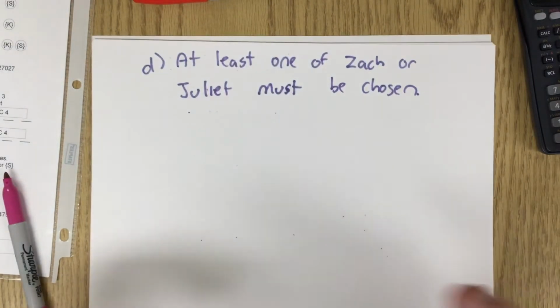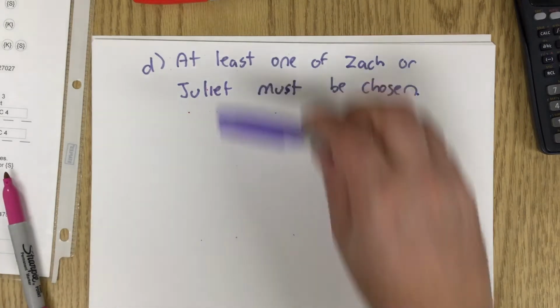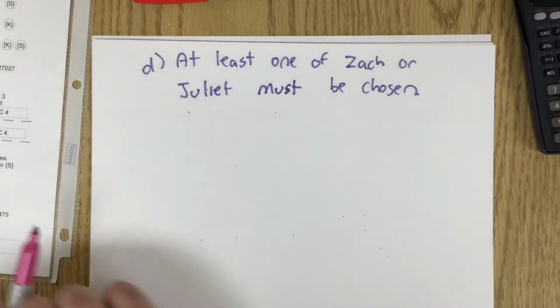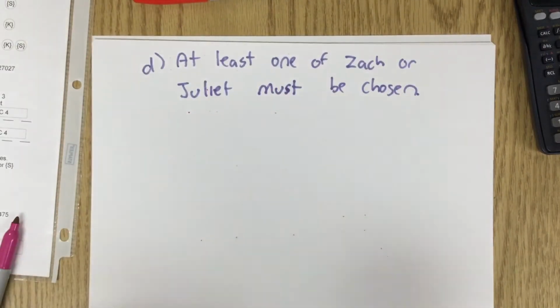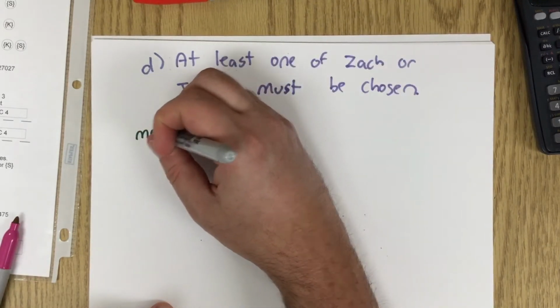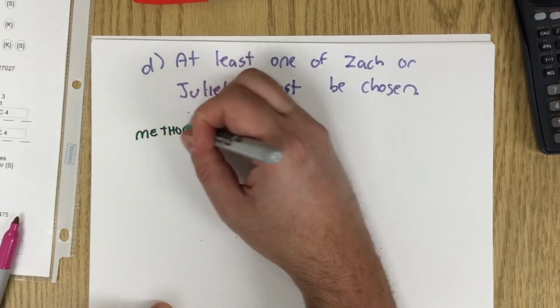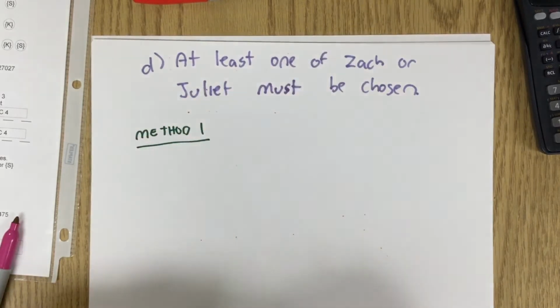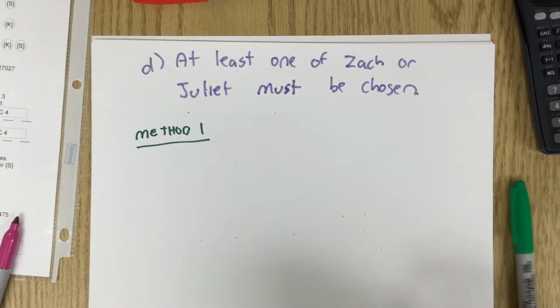Okay. Now, we're going to do this. I'm going to show you 3 ways of doing this. So we're going to call the first one method 1. I thought of that name all by myself.